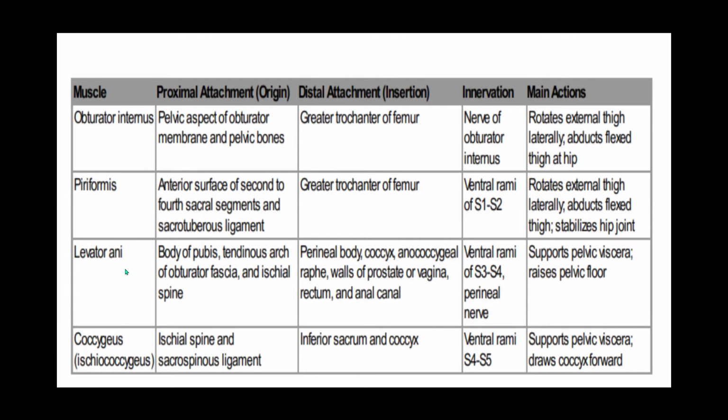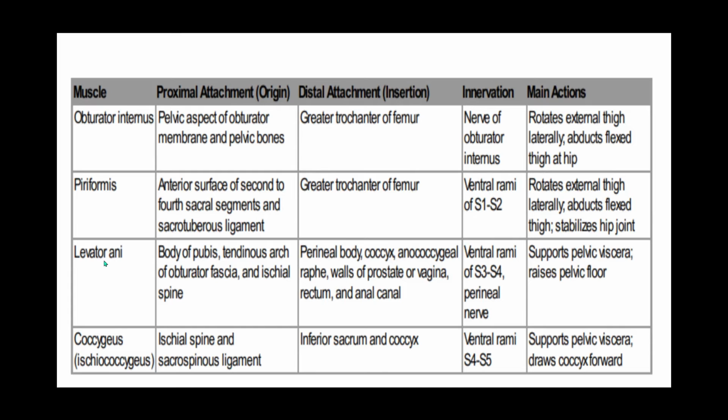The levator ani, which is a broad muscle, as we've seen, has three major parts. It arises from the body of the pubis. So we can see the puborectalis and the pubococcygeus arise from the body of the pubis, and from the tendinous arch of the obturator fascia. Then the iliococcygeus, not the ischio, the iliococcygeus, originates from the tendinous arch of the obturator fascia and the ischial spine.